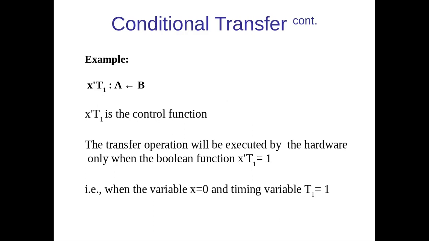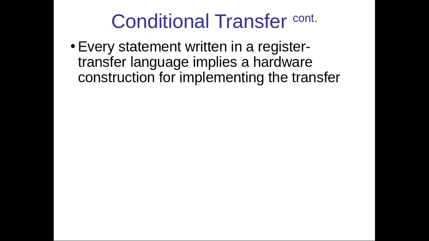That will be done by that special compiler, and that will be given to a fabrication lab, and we can fabricate our IC or circuit. So every statement written in a register transfer language implies a hardware construction. Actually, it is a hardware description language, not just a programming language.